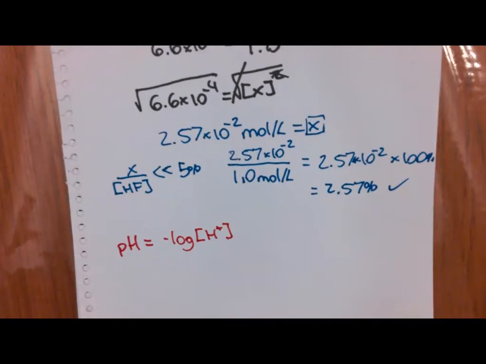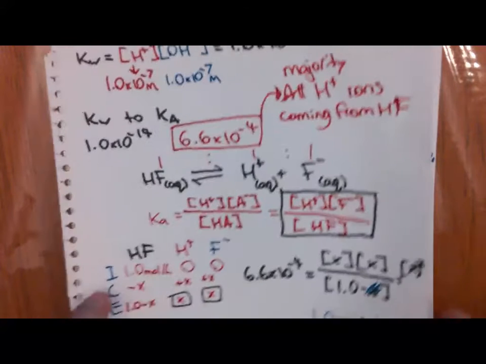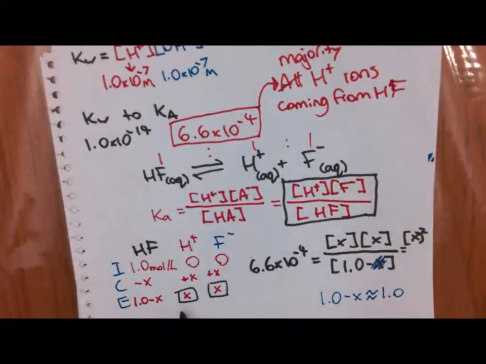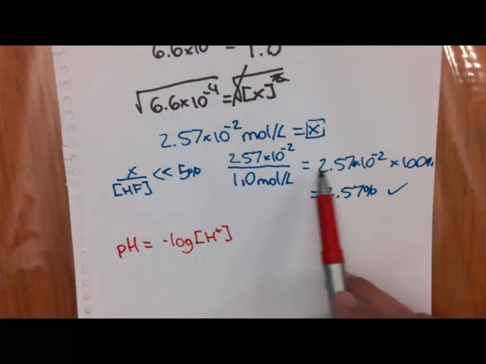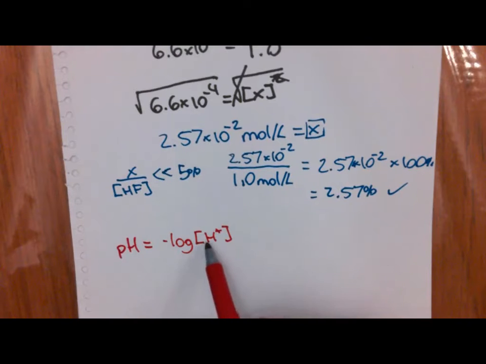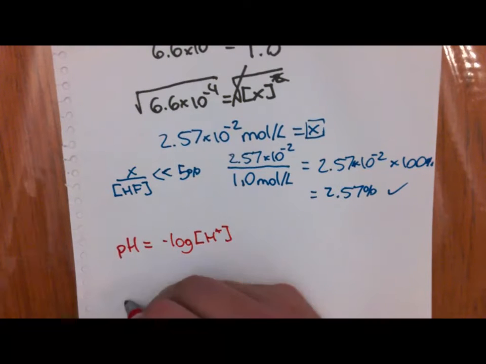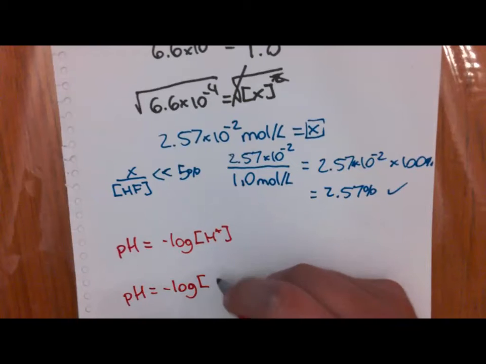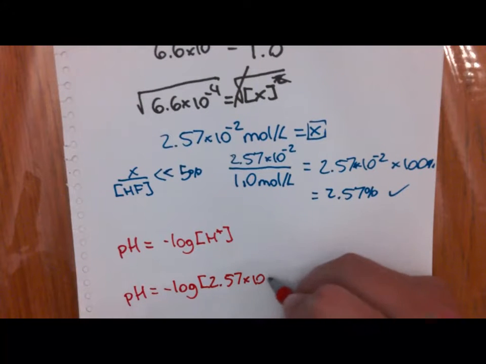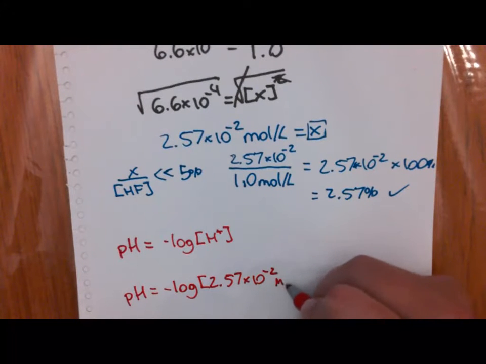Looking back at our ICE table, our equilibrium concentration is just equal to X. So I can just input this X value into this equation to solve for pH. So pH is going to equal the negative log of the concentration of H plus, which is 2.57 times 10 to the negative 2 moles per liter.